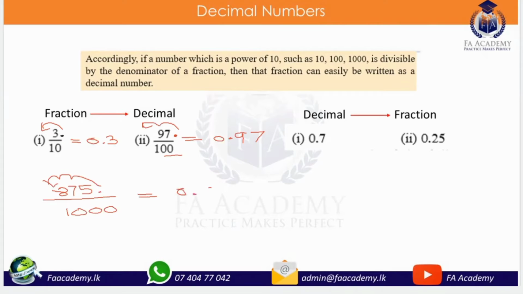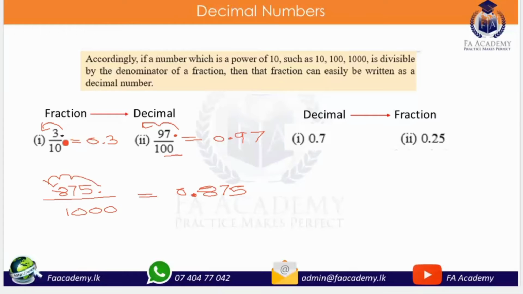So 0.875. We know the decimal place will be over here, but just to make it clear, we add a 0 in front. To show that the decimal place is there, we add a 0 in front always. Right, so if they have given a decimal number to convert into a fraction, what would you do?